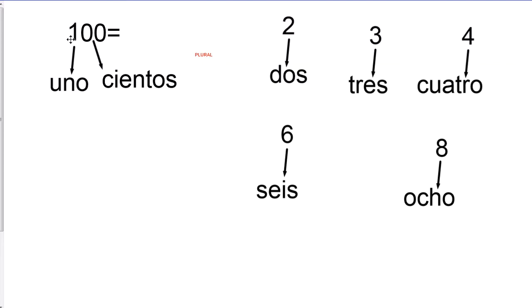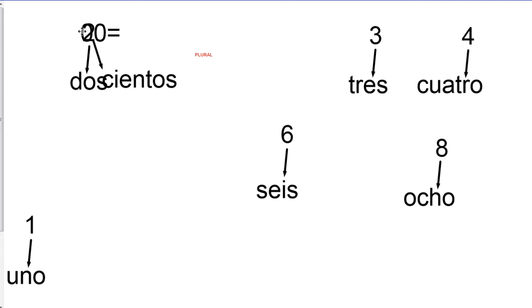And then put the following digits. Let's show you how the other ones are going to work. As 100 disappears, we're going to have 2 hundreds. Dos. 100 is ciento. And because this is more than one, this little plural word is going to be denoted right here because that S is there. So you can't say dos ciento, you're going to say doscientos.